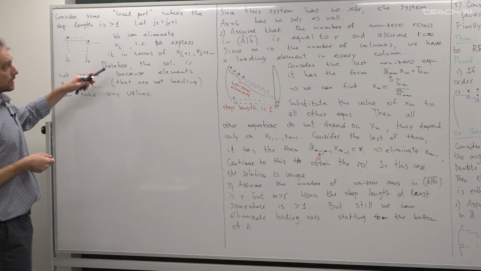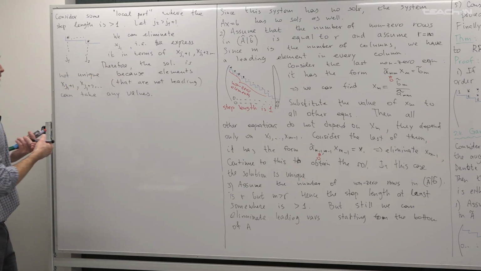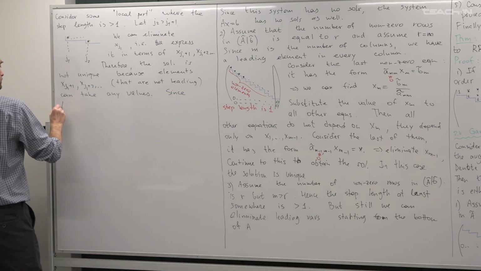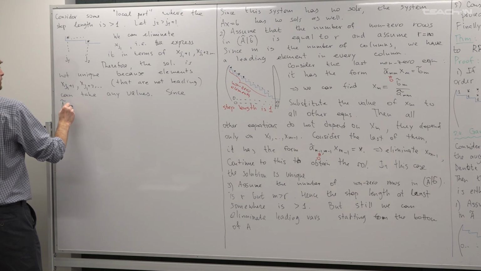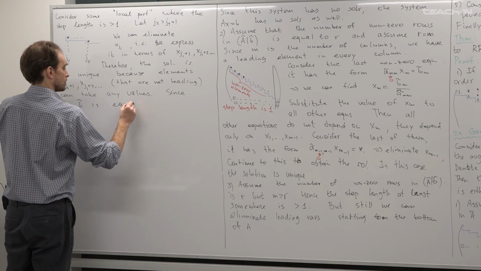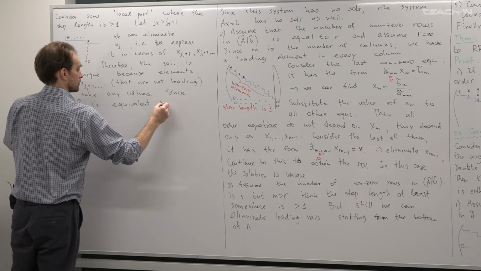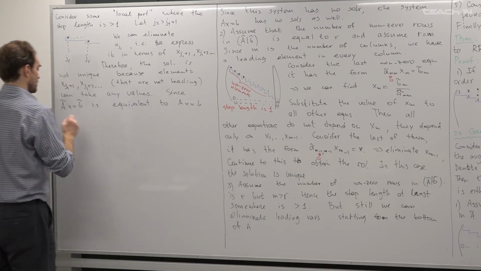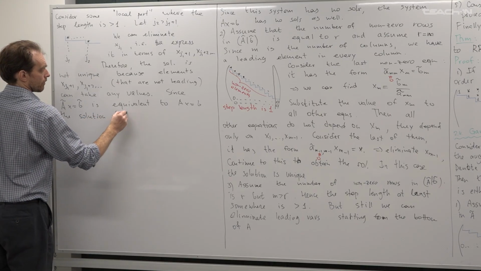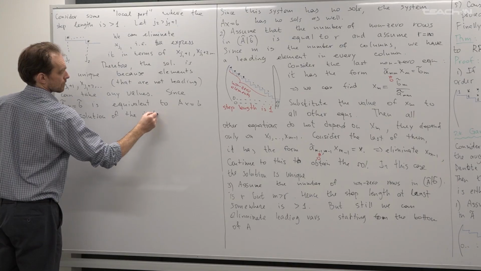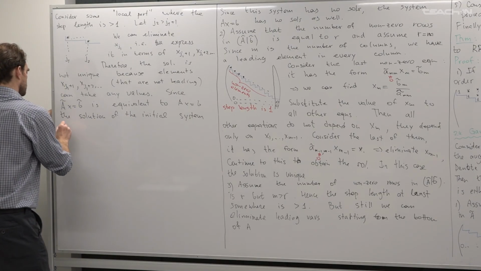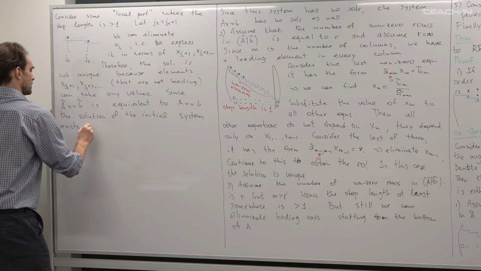So in this case, the solution of this system is not unique, and since the transformed system is equivalent to the initial one, the solution of the initial system exists but is not unique.